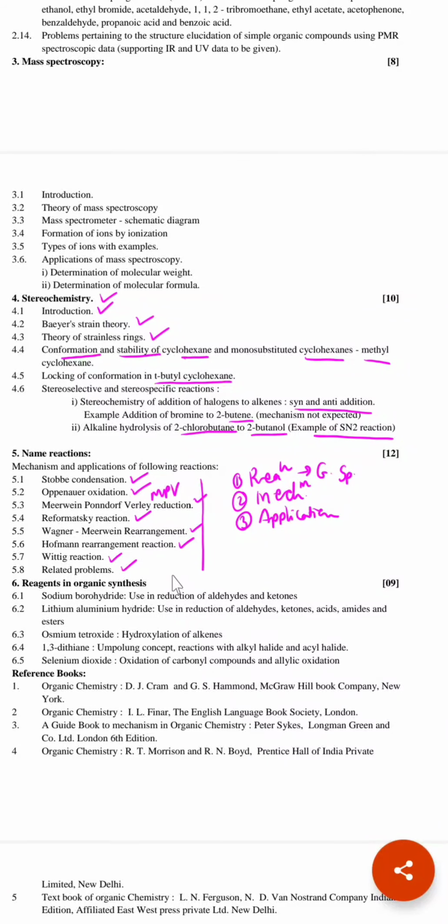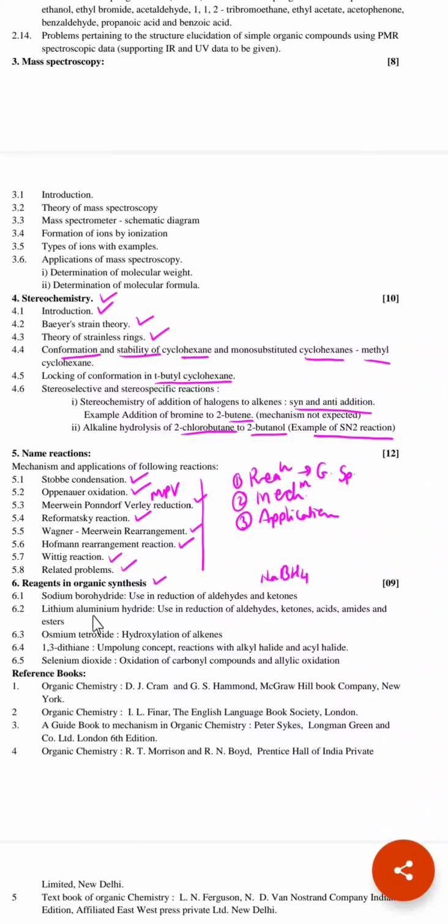And the last chapter in this organic chemistry paper is reagents in organic synthesis. Here, an introduction of reagents is expected and some specific reagents are there for our study. First one, sodium borohydride, NaBH4, and its use in reduction of aldehyde and ketone.